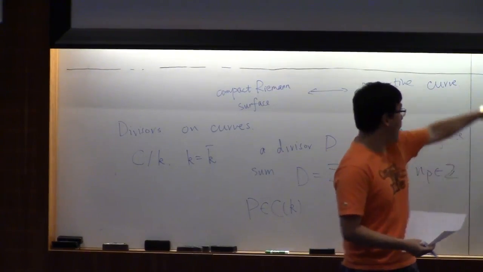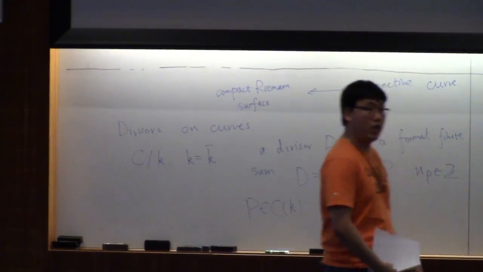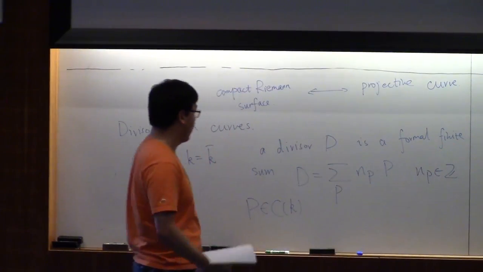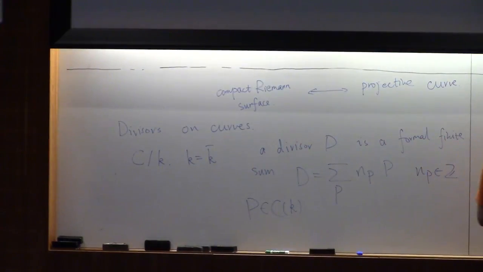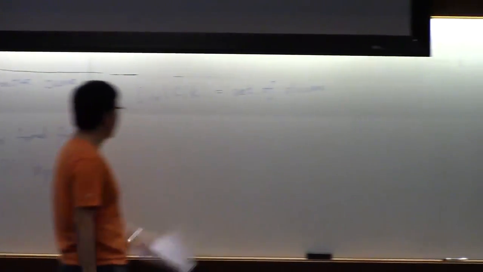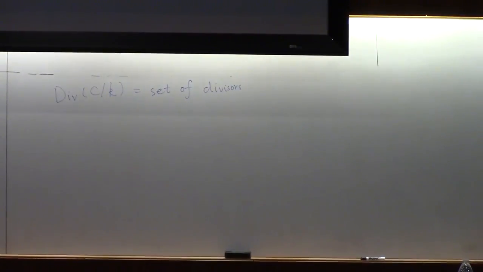And as a notation, I use Div(C/K) to denote the set of divisors on the projective curve. Clearly, such a set is an abelian group, because if you have two such formal finite sums, then it is very easy to define the addition.